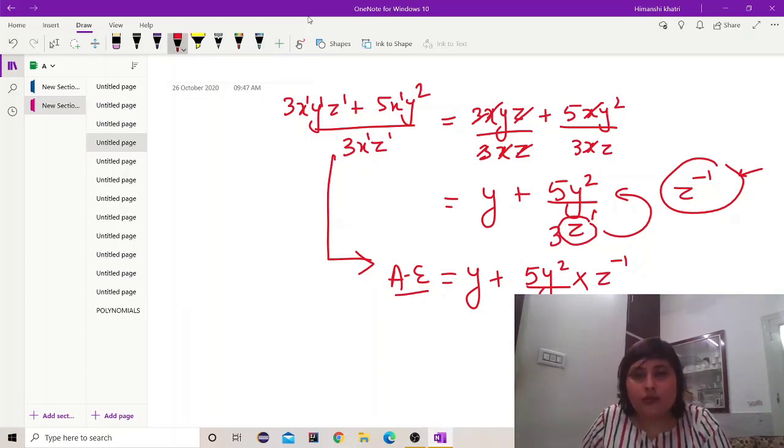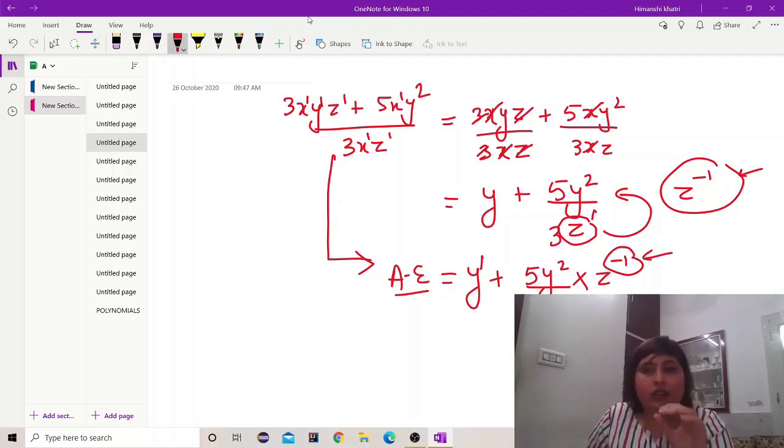Okay, so see here we have y with the positive power, that is plus 1 power. Here in this term we have y with the positive power 2, but we have a variable z which has a negative power. This shows that this algebraic expression is not a polynomial.